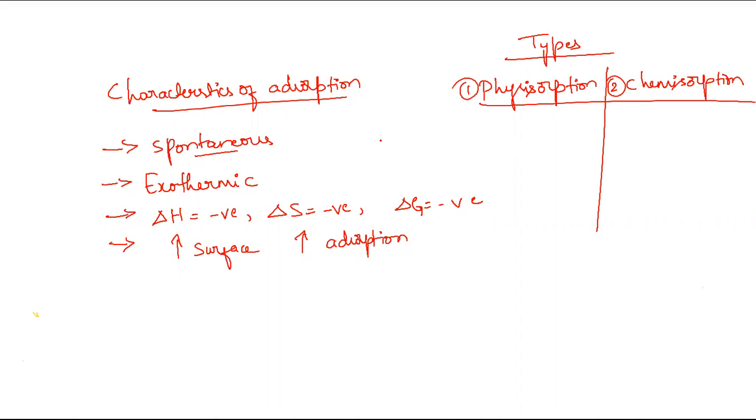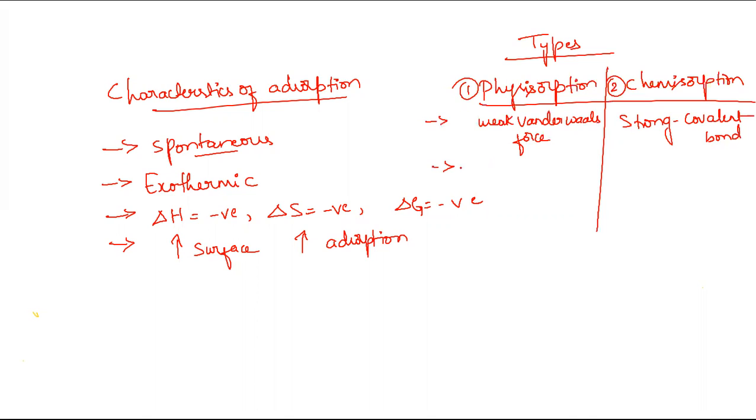See, the force of attraction present in physisorption is weak van der Waals force, whereas in chemical adsorption or chemisorption, there is a strong, especially covalent bond present. That is the main difference.